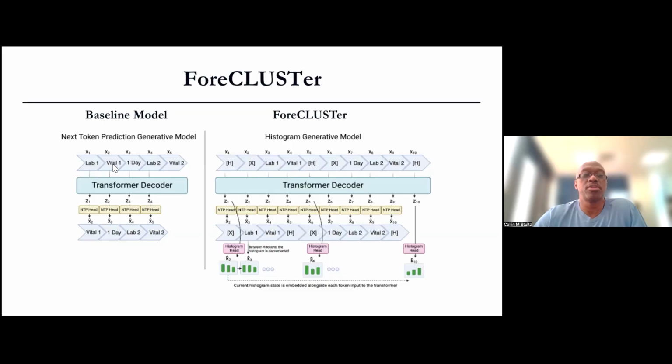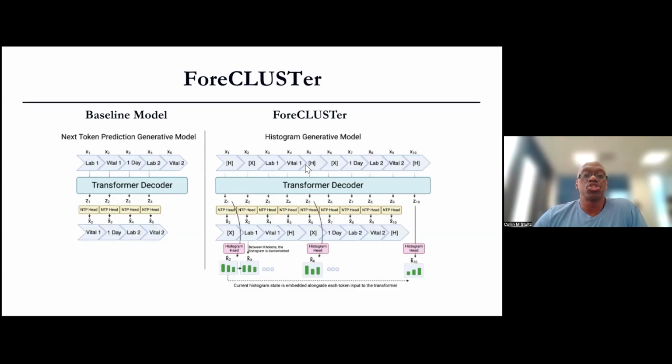Here, lab 1, vital 1, day 1, lab 2, and so forth. Lab 1, vital 1, and then we've inserted this H and X. This H is a signal to the model to say, right now I want you to generate an embedding that encodes the distribution of future events.